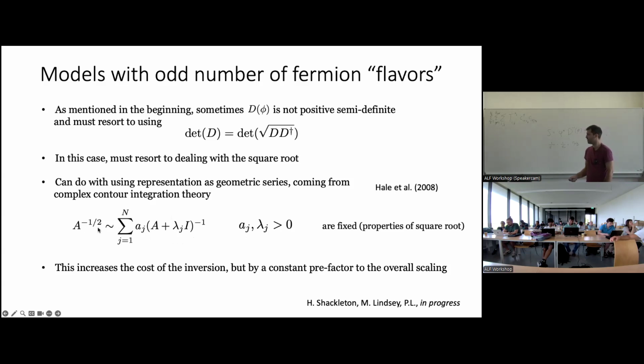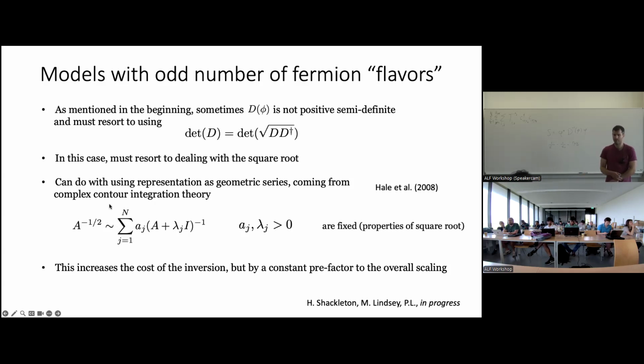If the square root is the only thing that you're computing, then these lambda i's are known to you from some calculation that you have to do once. It's already done for you, actually. So this is the whole thing that you do, and naively, this is just doing the same thing that you were doing previously in inverting the A matrix, but you do it n times.